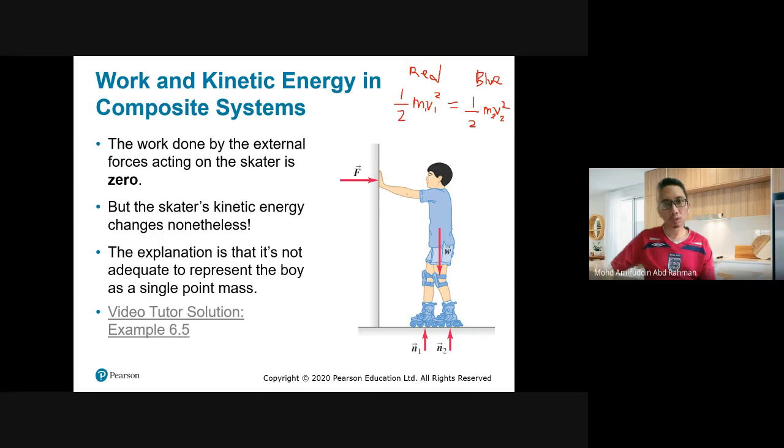Because it is similar, the half can be crossed out. m is m, and v is v.